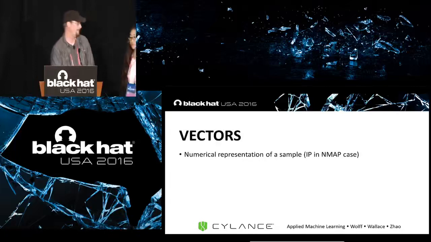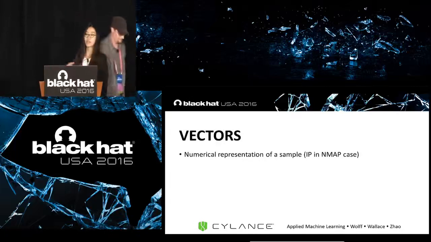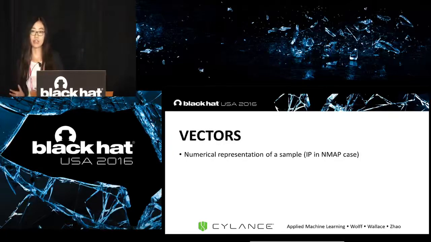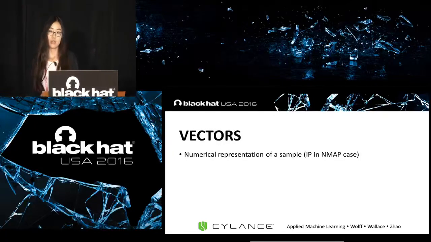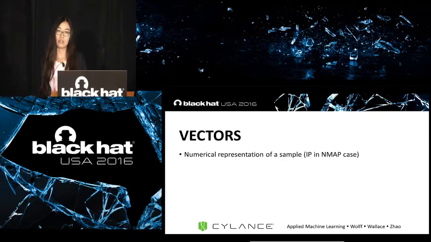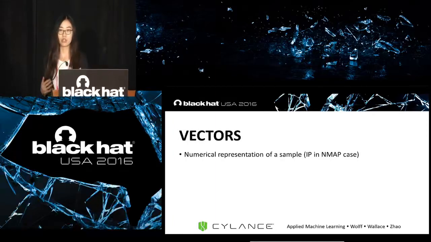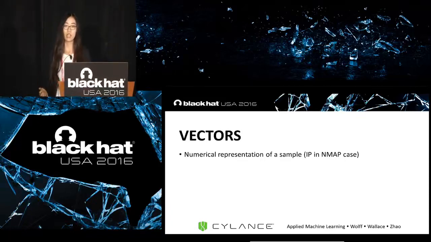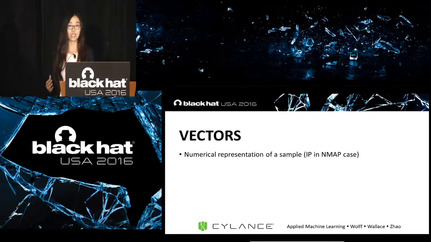And now for Xuan. So when we have extracted these features, as Matt mentioned, we are doing this vectorization process. So for each feature, they are either a continuous feature, so we have a numerical value for it, or a binary feature, so we have a 0 or 1 for it. So we get all the numerical values for these features, and we stack all these values together into an array of values.